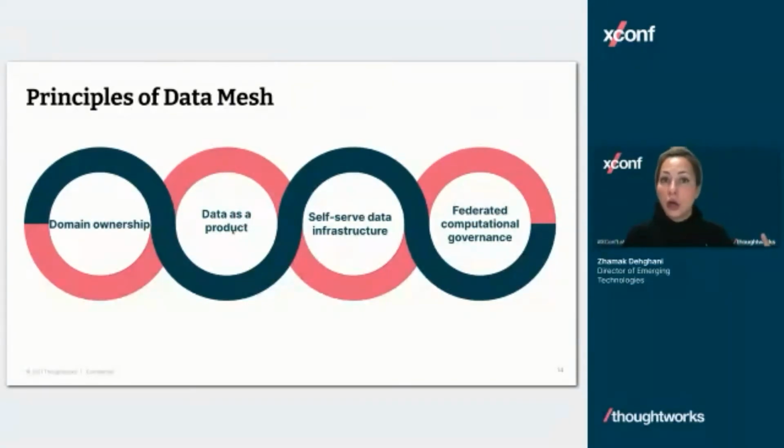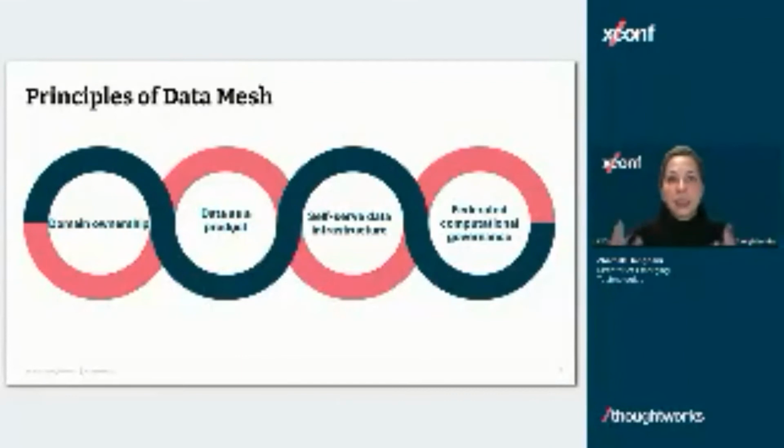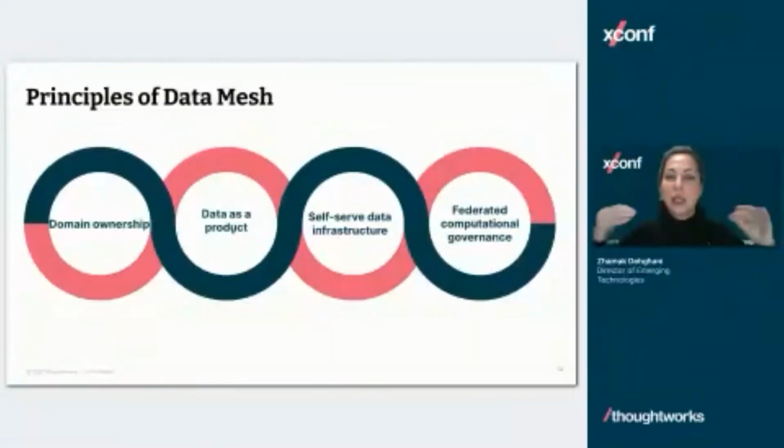The second one is we need a model where data sharing and data connectivity is above and beyond any other thing we do. That's data as a product, to enable data sharing. We need an infrastructure that empowers independent cross-functional teams to use data for innovation or share data without friction, without needing to hire another 100 data engineers. That's the new thinking around self-serve data infrastructure.